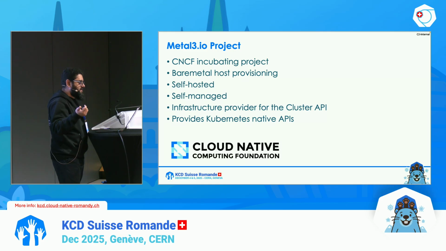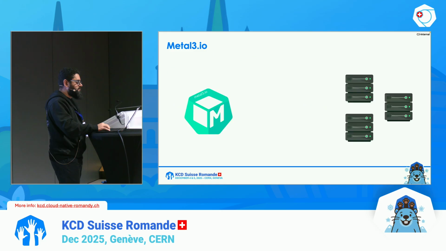And of course, it has a cluster infrastructure provider for Cluster API. The critical concept that we try to advertise here is that the bare metal hosts, or the bare metal servers, are also first-class Kubernetes objects. And we are still in the Kubernetes ecosystem when we are managing or provisioning these physical machines.